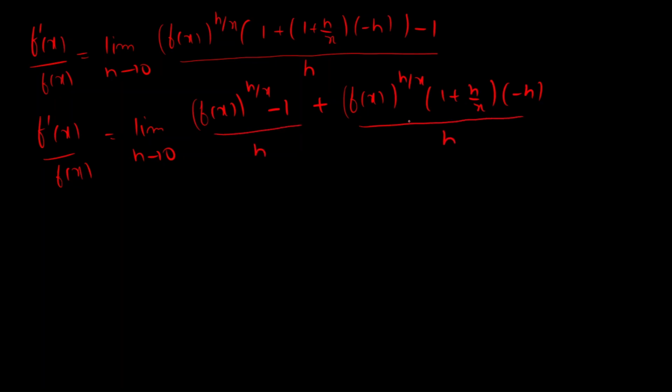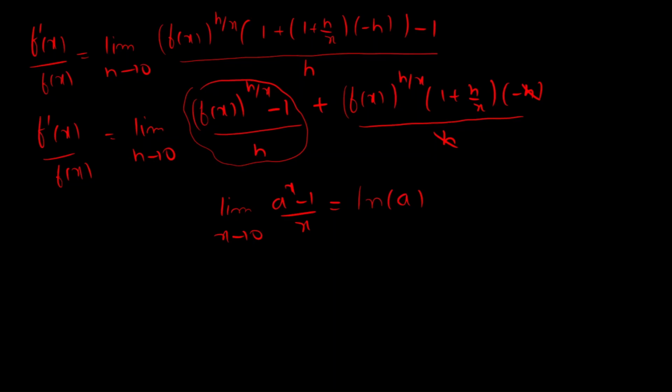You can see that the h will be getting cancelled here, and we know that the solution to this limit will come from limit x tends to 0, a power x minus 1 by x, which is nothing but ln of a.